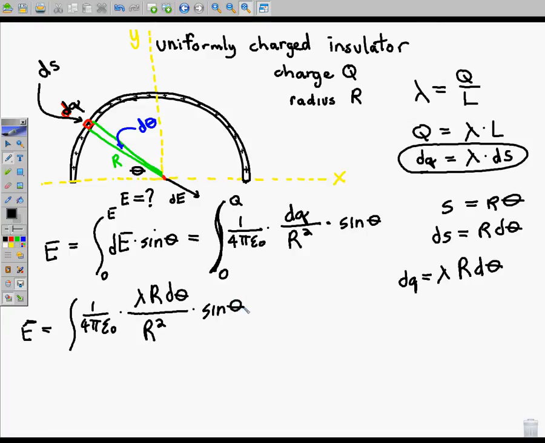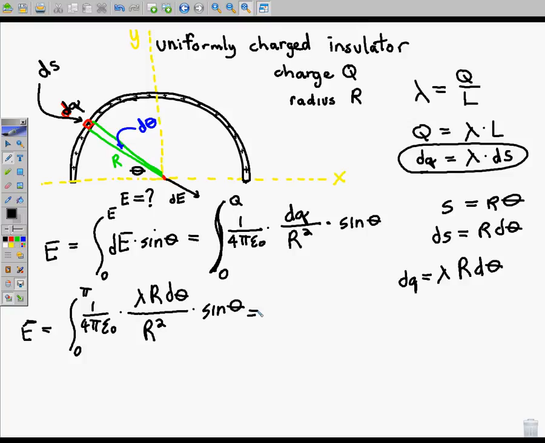And now that we transform this from a dq to a d theta, we can come over here and say, if we want to cover all of the charge, what do we have to do d theta from? 0 to pi. And now we pull out all the constants, like we can do for integrals.